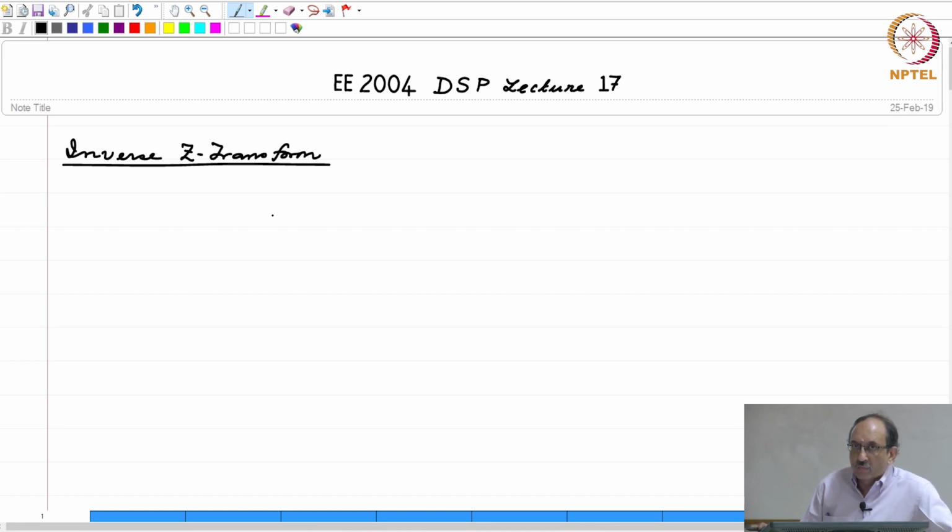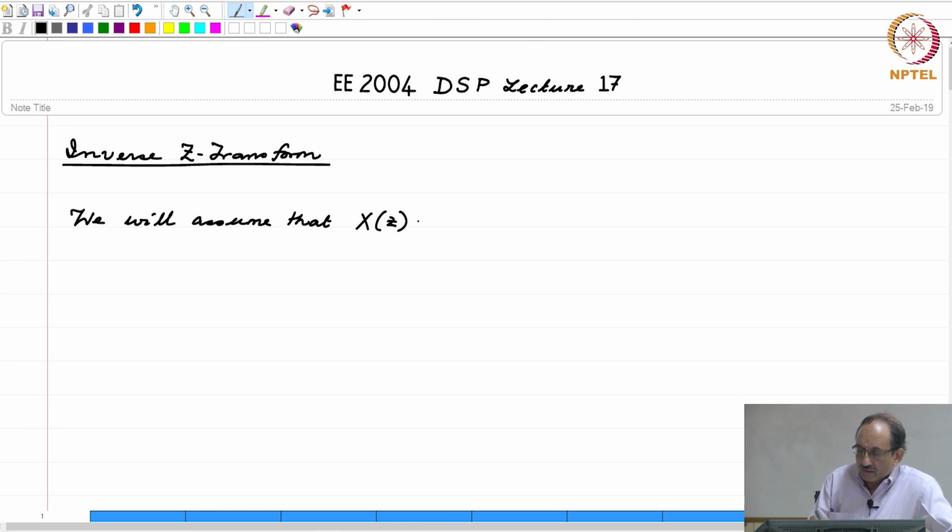As mentioned before, we will confine ourselves to the class of rational transfer functions. So, we will assume that X of z is of the form P of z over Q of z.